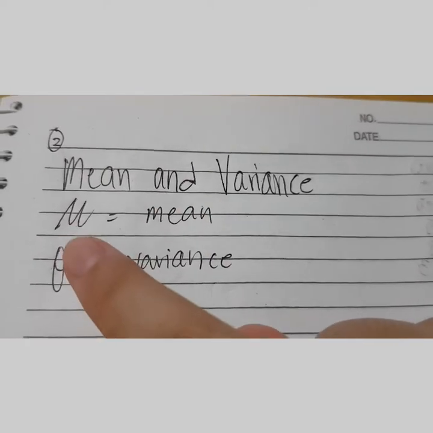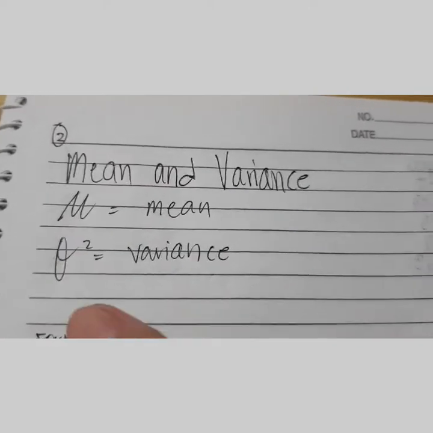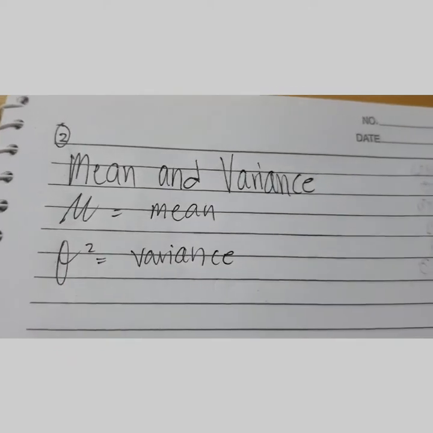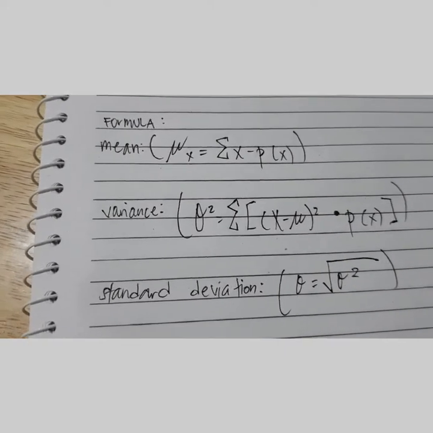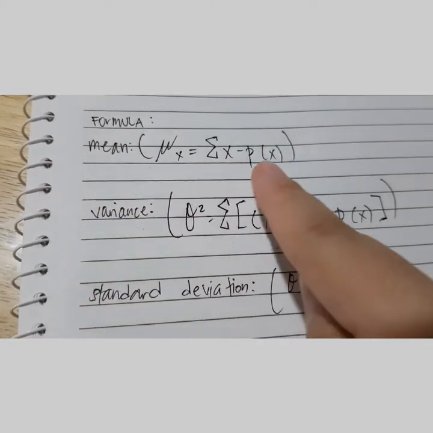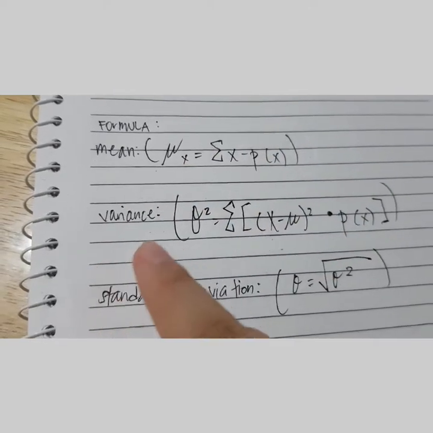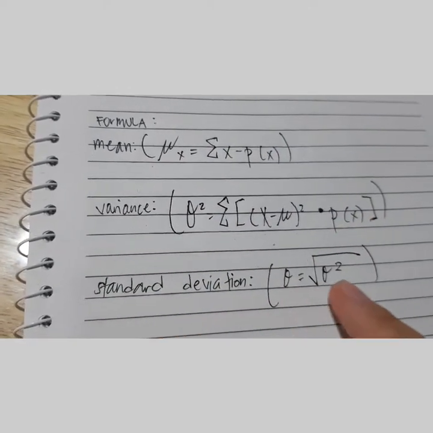Second lesson is mean and variance using a table. This is the symbol for the mean, the center of the distribution, and this is the symbol for the variance, the spread of the distribution. These are the formulas we will use for the table: the mean, the variance, and the standard deviation.